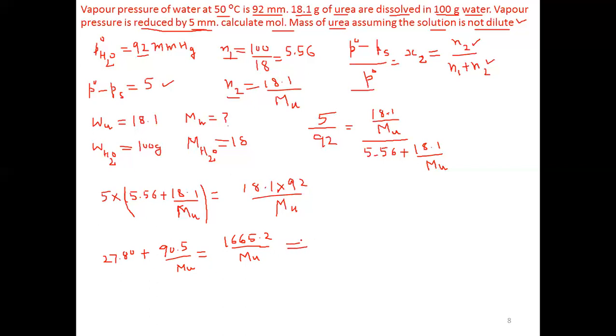It becomes 1665.2 divided by Mu minus 90.5 divided by Mu is equal to 27.80. Now 1 by Mu comes common, so 1 by Mu times 1665.2 minus 90.5.